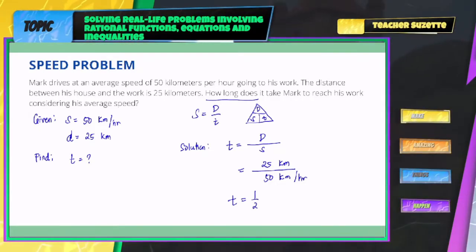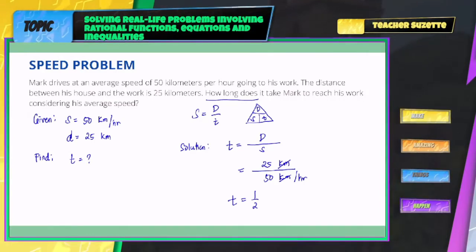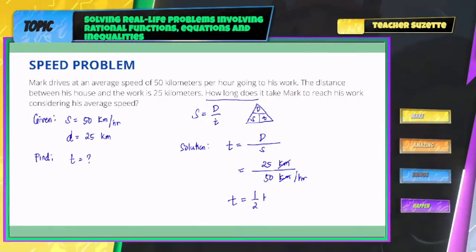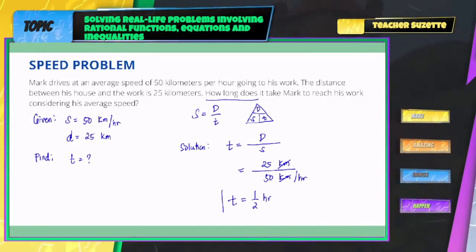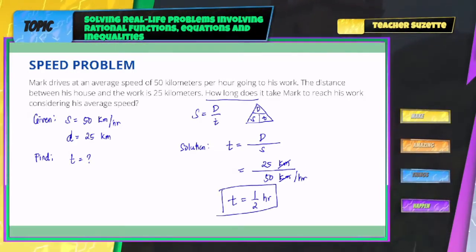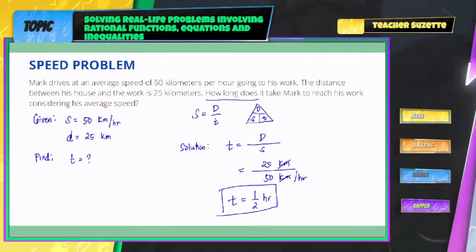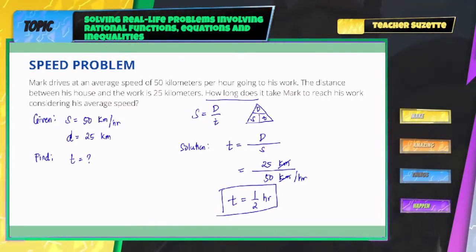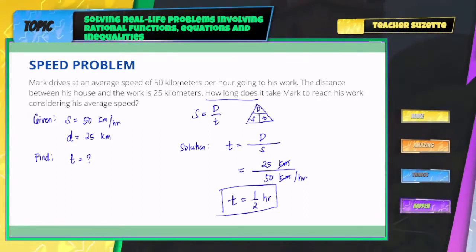For the unit, we can cancel the kilometer in the numerator and denominator. Then, we will have our time expressed in hours. Therefore, we can conclude that it will take 1/2 hour for Mark to travel from his house to work if he maintains his average speed of 50 kilometers per hour.